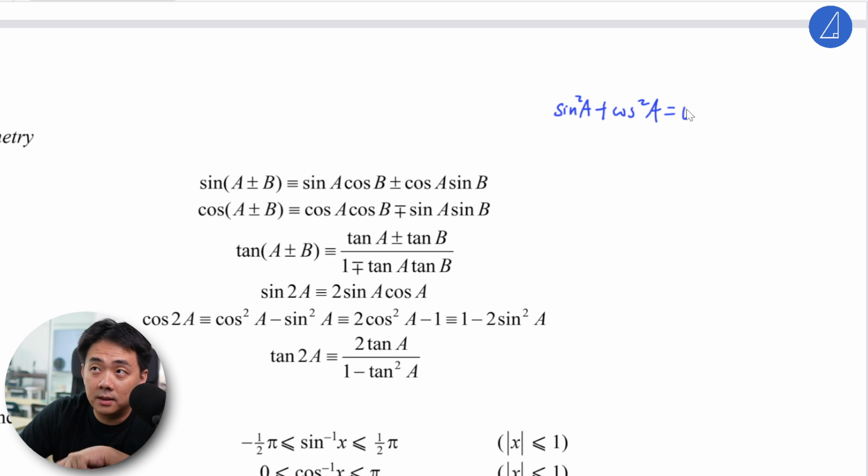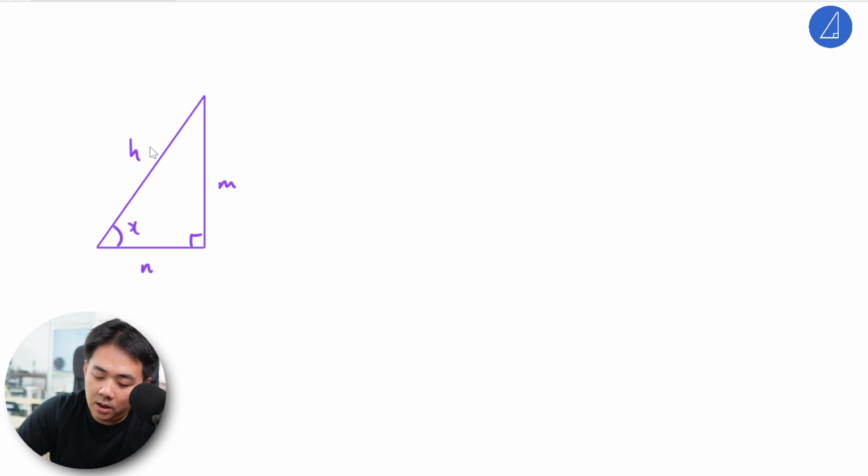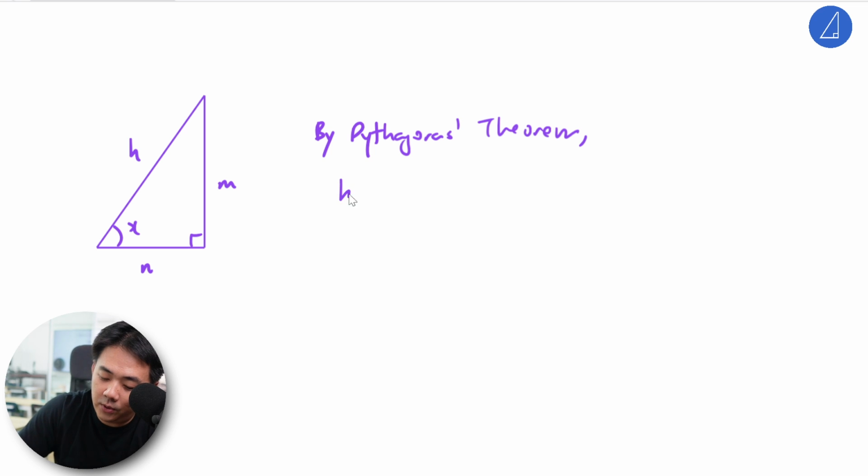How do you prove sine square a plus cos square a equals 1? There are many ways to prove it, but the easiest way is to use my favorite right angle triangle, which is my logo. Thank you very much. Take this angle, say it is x, with opposite, adjacent, and hypotenuse. By Pythagoras theorem, h square equals m square plus n square.